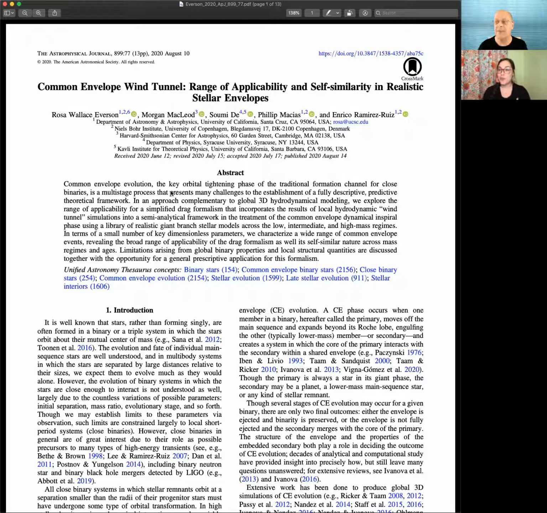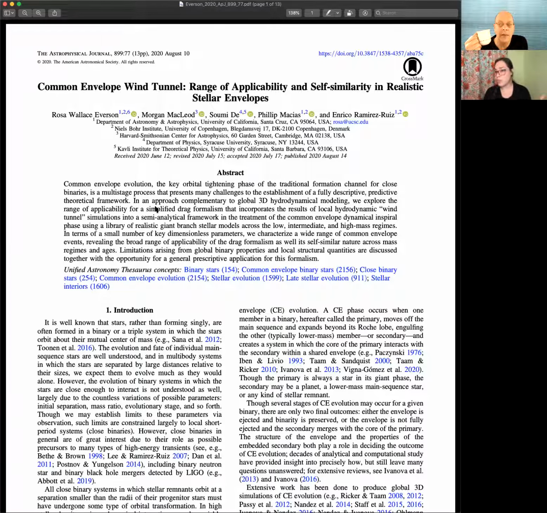So common envelope wind tunnel, there's a collection of papers out there that start with that phrase. It began with some work by Morgan, McLeod, and others starting in 2015 that originated from the problems in global simulations of common envelope evolution. The biggest issue is that the physics in common envelope, which is when a primary star, which is going into its giant branch, engulfs its partner, is on different time scales and physical scales across many orders of magnitude.